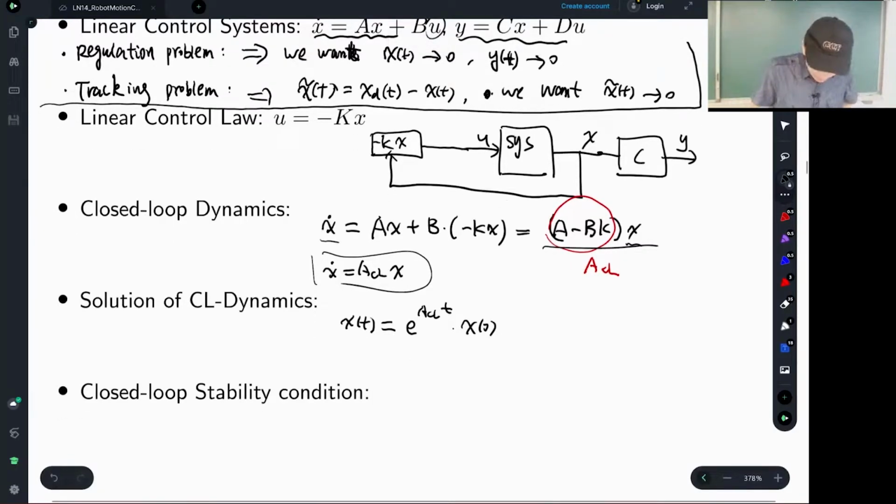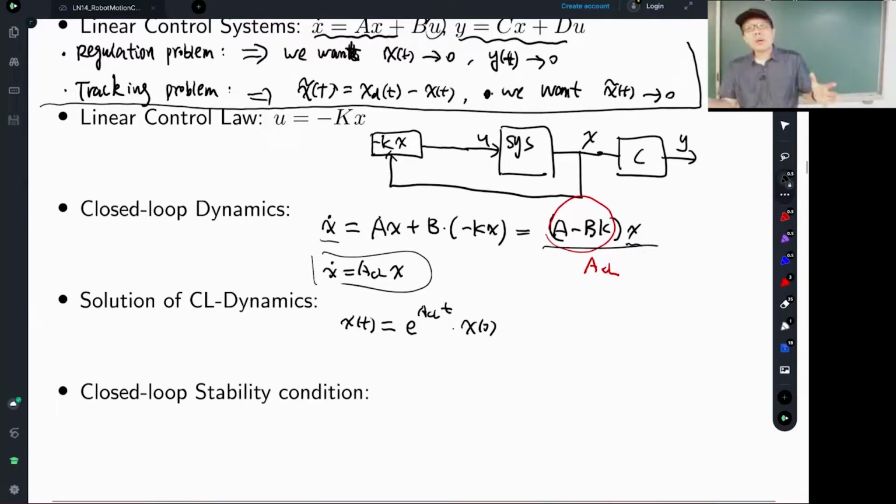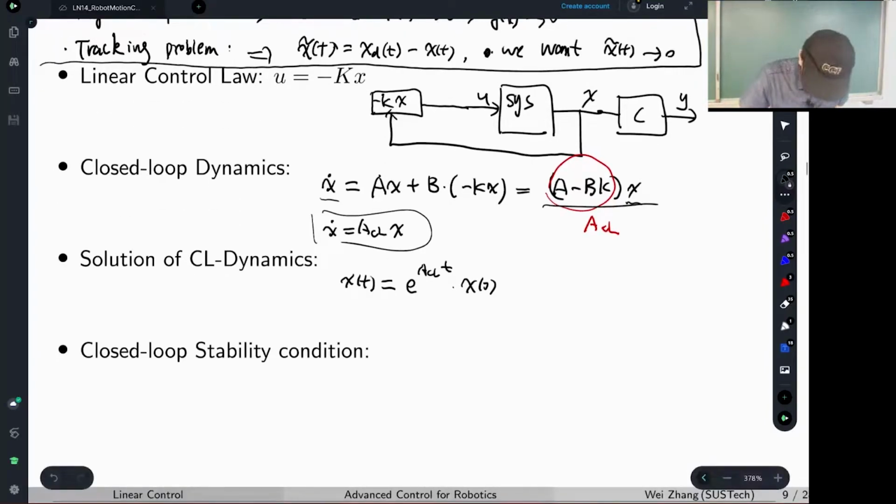All right. And if we want our regulation problem or tracking problem, okay, we want the state vector to converge to 0. So we want a stability condition. I think we discussed this a little bit, right? We want this to converge to 0.